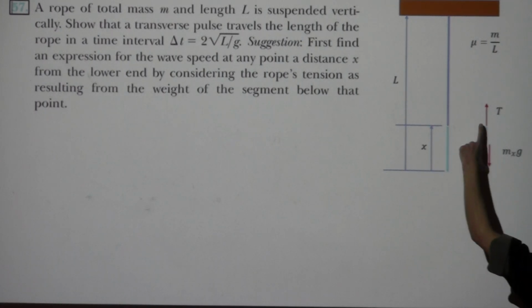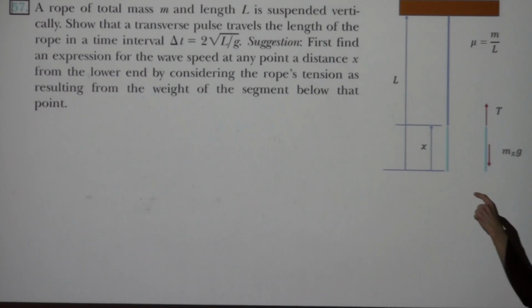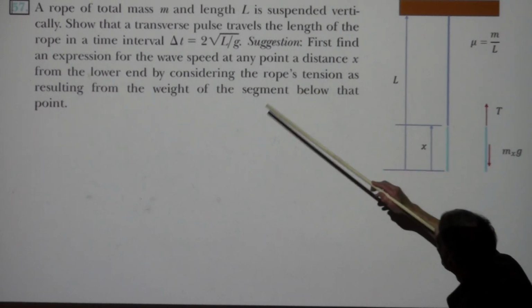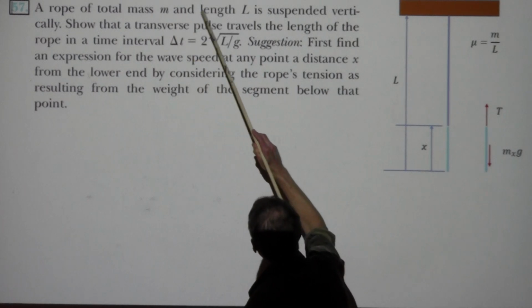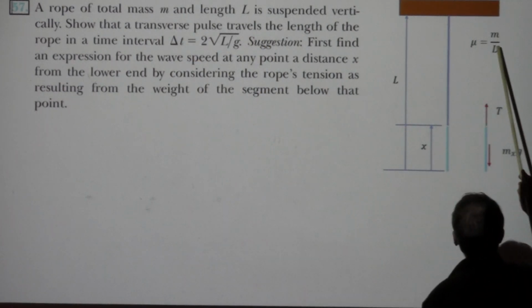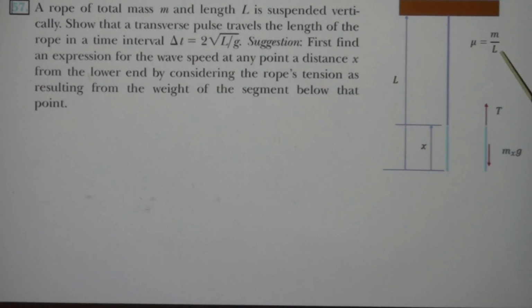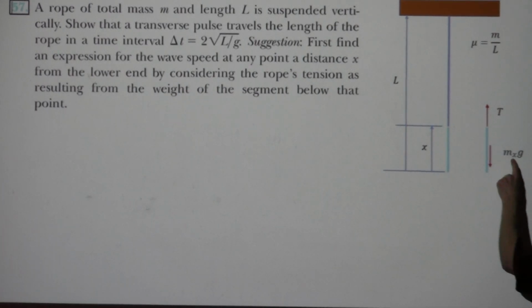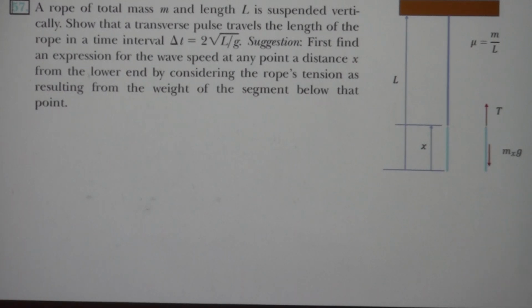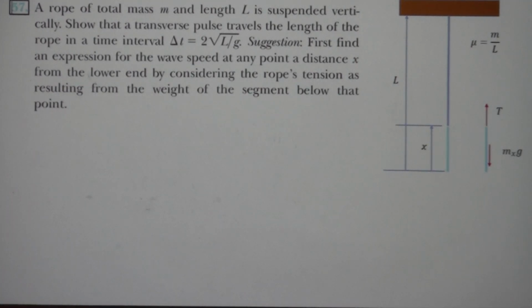This is just the mass of this piece. They also state in the problem the total mass m and length l. So that means that mu, the mass per meter, is m over l. This mass, m sub x, is just for that piece. Hopefully that makes some sense.